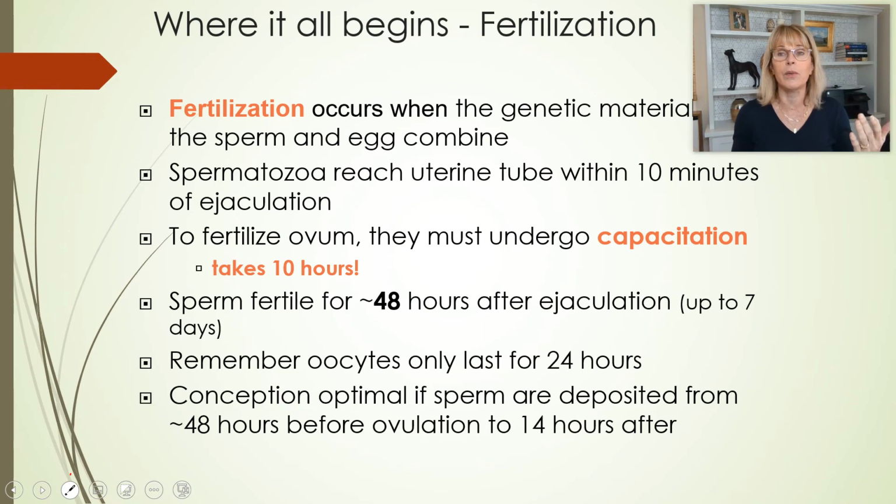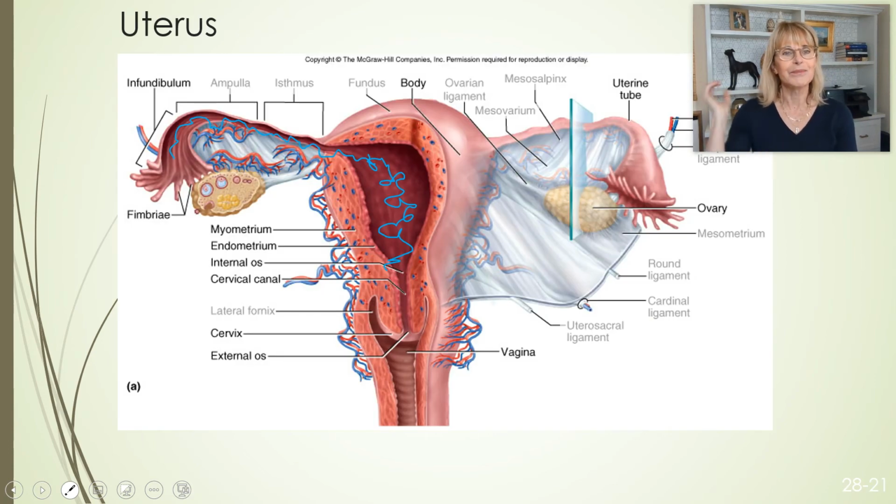And then the sperm will go, but baby, you know it takes me 10 hours to capacitate. And then there won't be a fertilization event, right? So there's more than a 24-hour window where intercourse and ejaculation can cause fertilization, but it's not an infinite amount of time in humans.